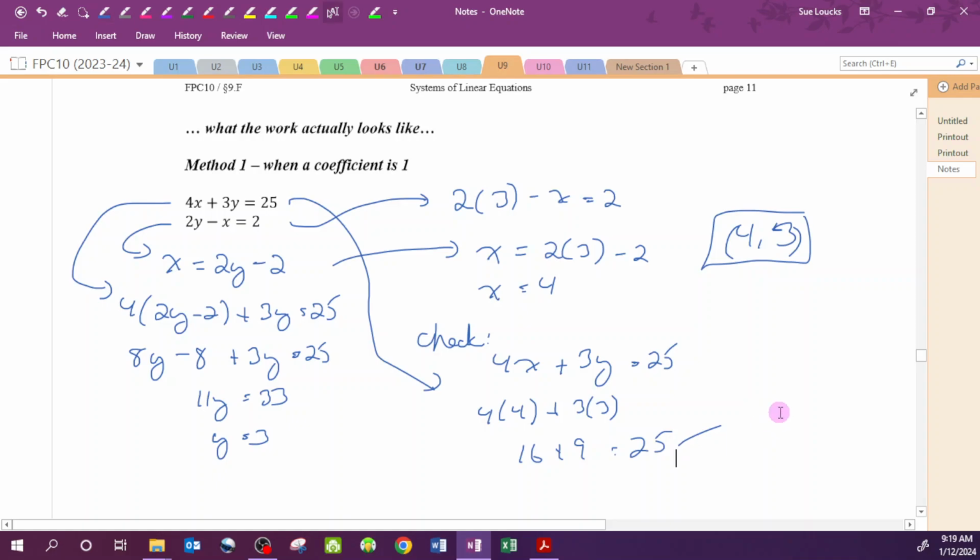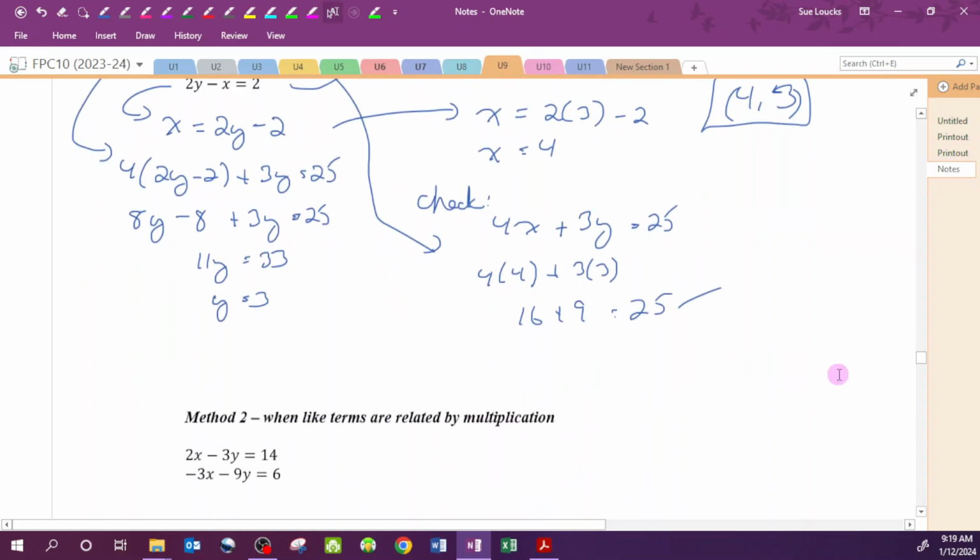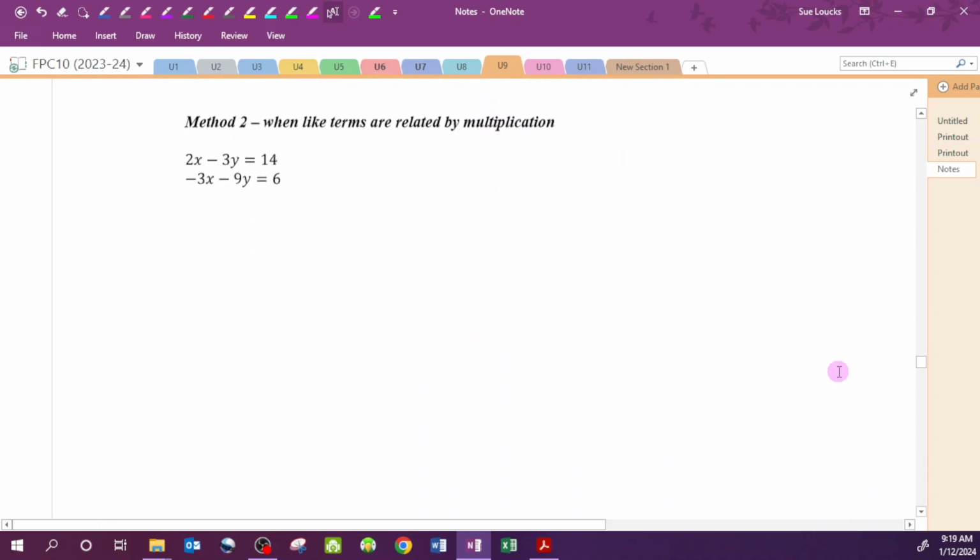There you go. Let's do another one where the terms are related by multiplication. Okay, I noticed that I've got a 3y and a 9y here, so I'm going to solve this one for 3y. And I'm going to rewrite this one as minus 3x minus 3 times 3y, and then substitute that in there.